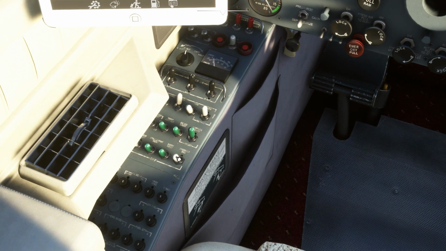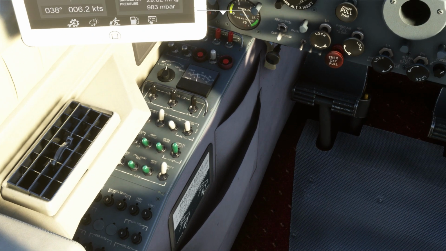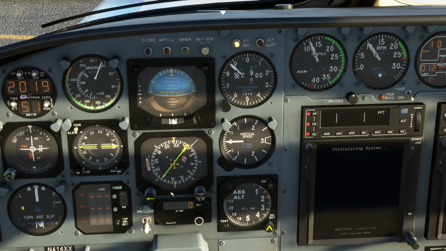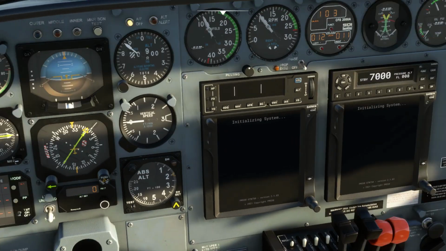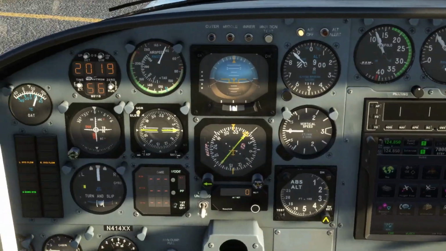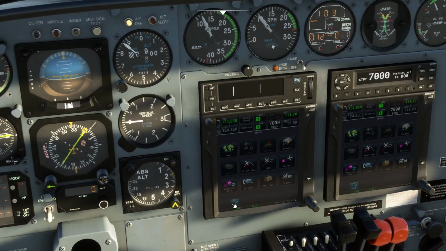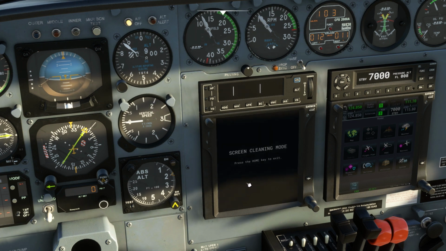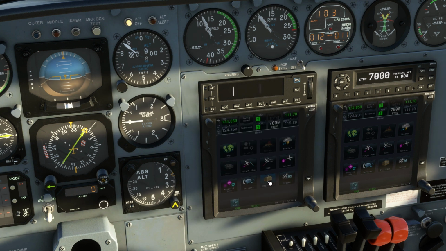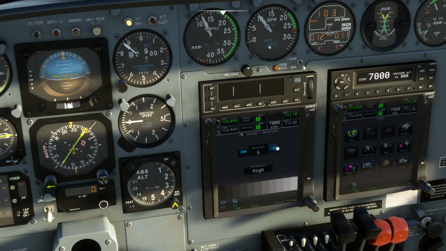Okay, now let's start the avionics. Everything comes to life. So my last flight was during the night, that's why these are so dark.